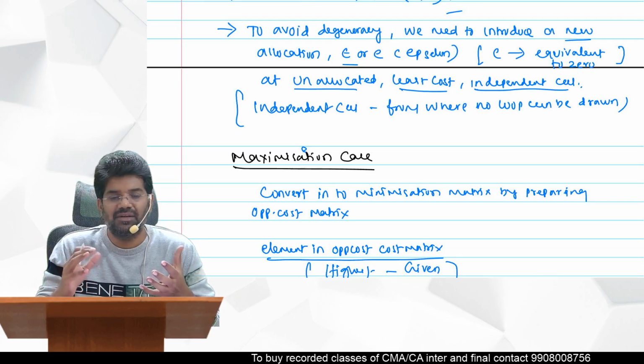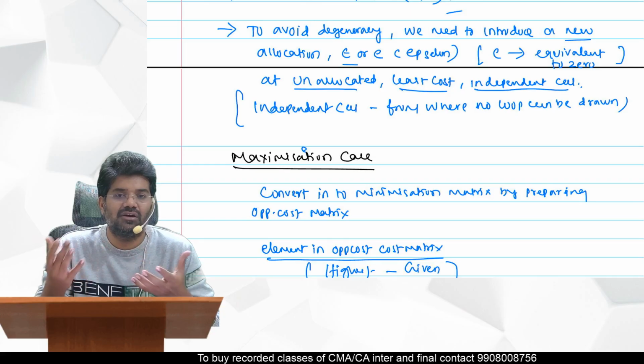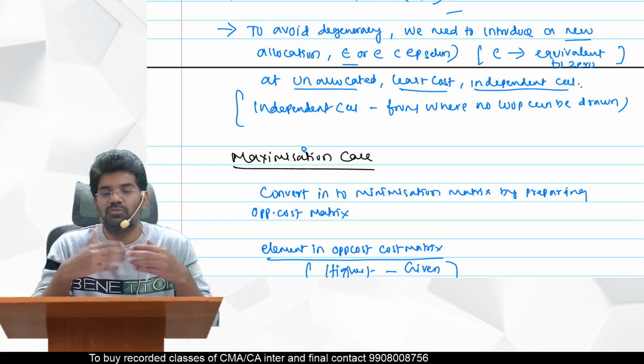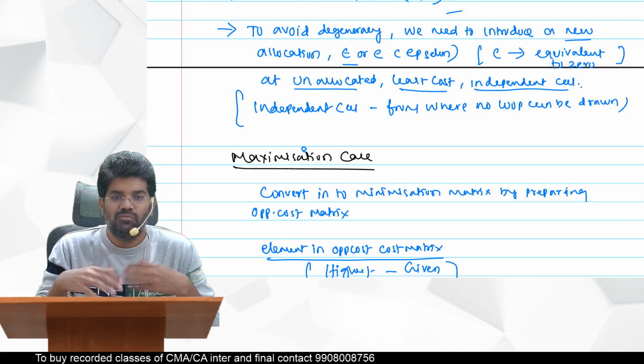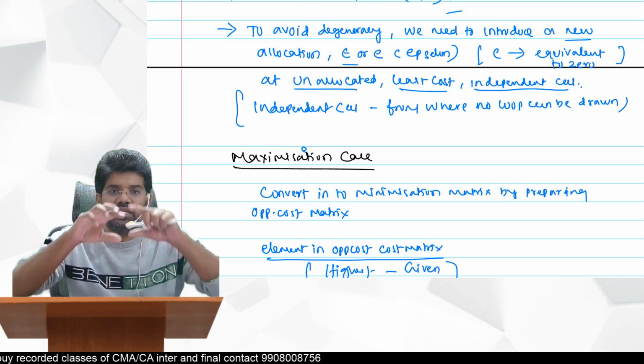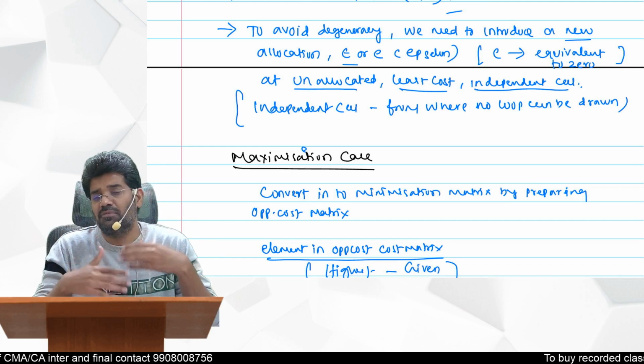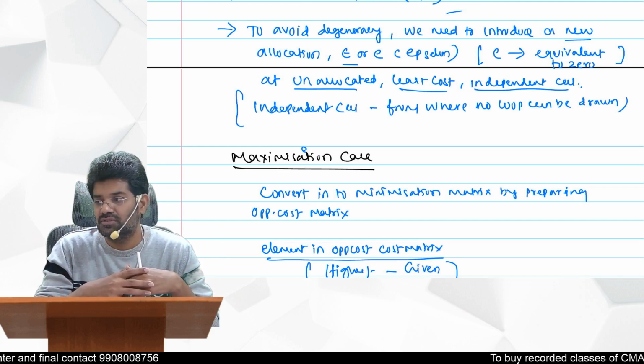If any one has a negative value, then it is not optimum, and we should prepare a loop matrix, that means improvement, so that we can interchange the quantities and then again perform the optimality test.